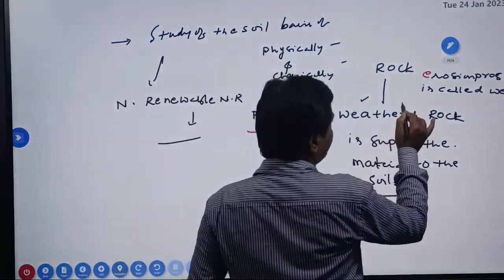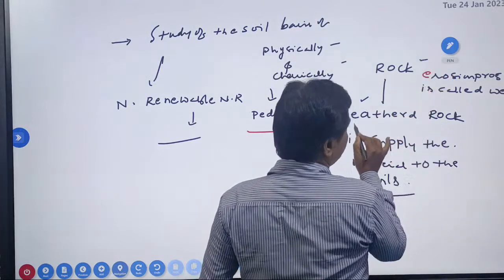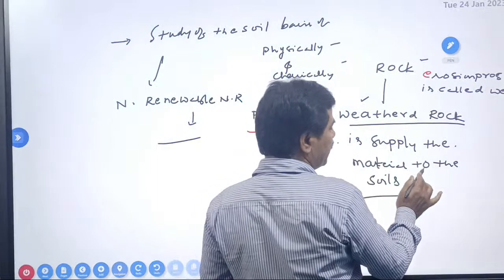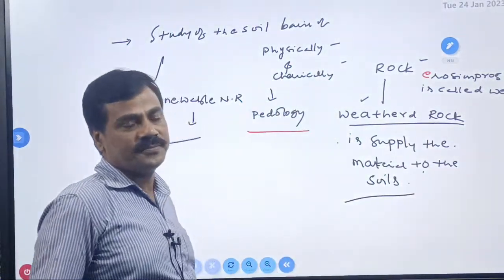Weathered rock means the material from rock erosion is supplied to the soil.